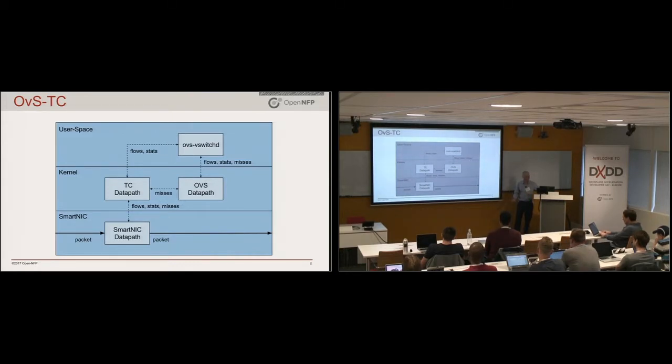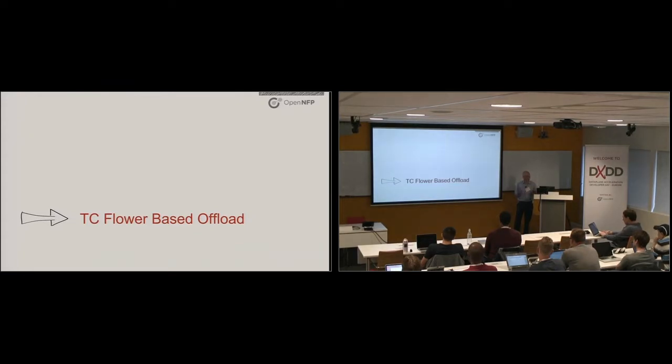Okay, so that's the end of the discussion of the models. So TCFlower based offload is an implementation of the second model. And this is interesting to me and hopefully to you, because this is the model that looks likely to be accepted into the upstream, both the kernel itself and OVS upstream.